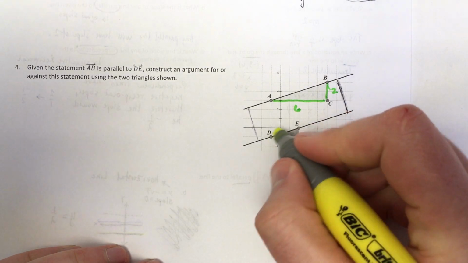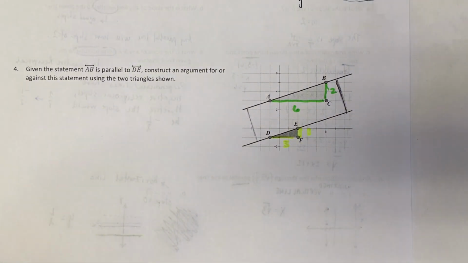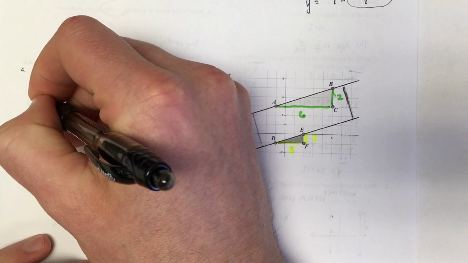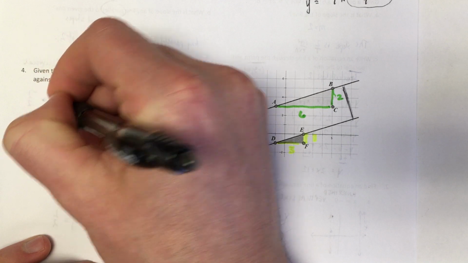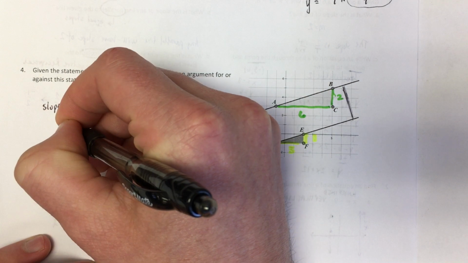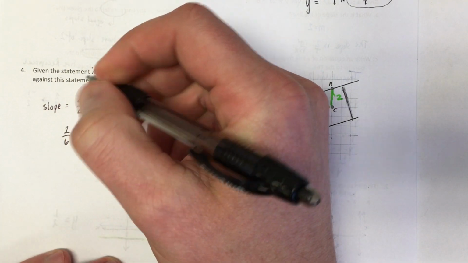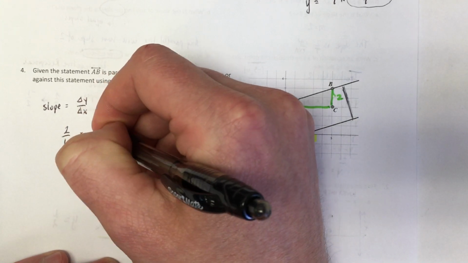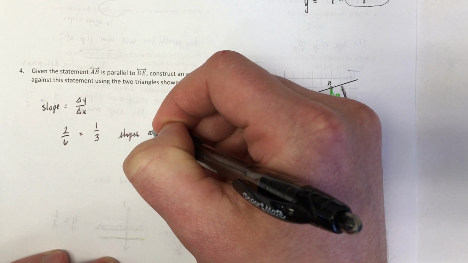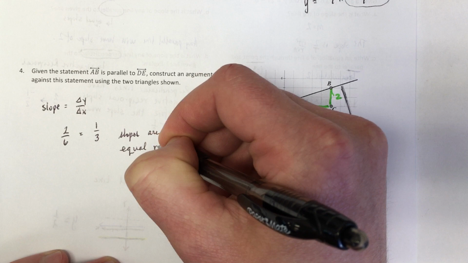I see that this is 3 and this is 1. What I understand is that if I were to look at the slope, it's the delta y over the delta x. And so if I'm comparing these, 2 over 6 is equal to 1 over 3. So slopes are in equal ratios.